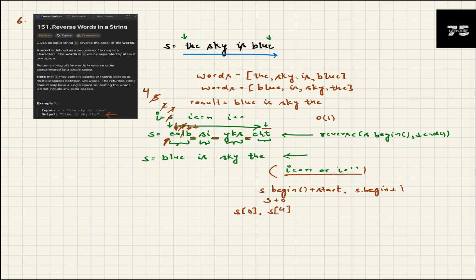Now I am going to reverse this much. This part is EULB, and if I reverse it, it's going to become BLUE. Once I do it, I will make my start point to i plus 1.